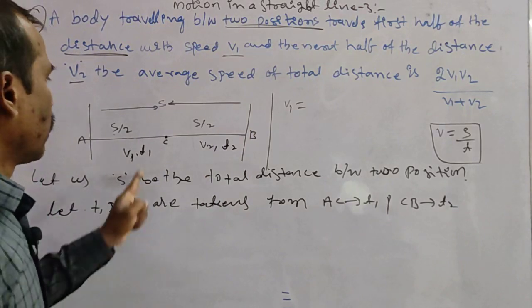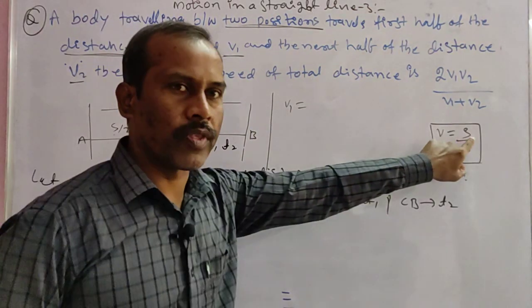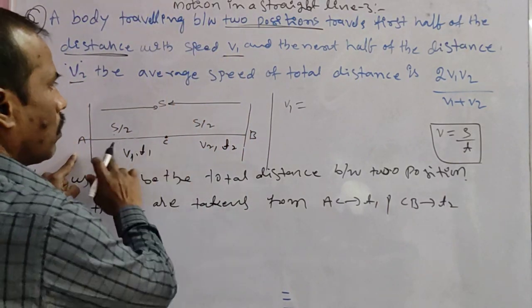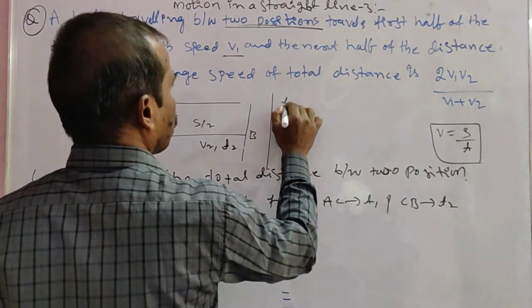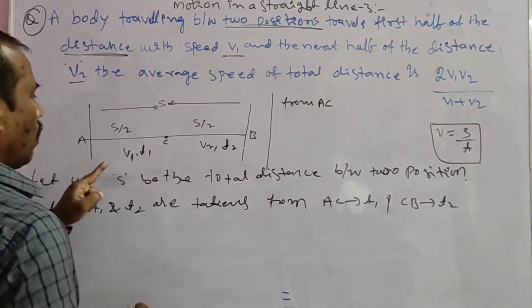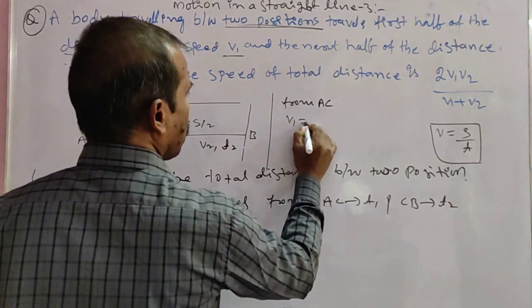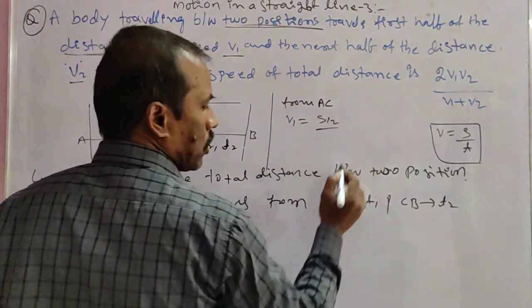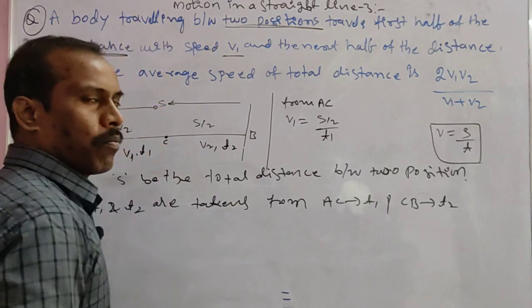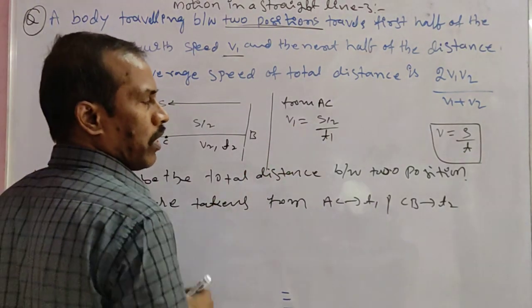Now v1 is equal to, according to the formula velocity equals displacement by time, for AC: v1 equals S by 2 by T1.